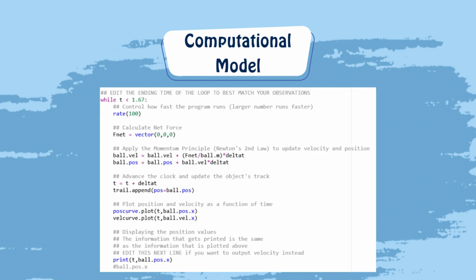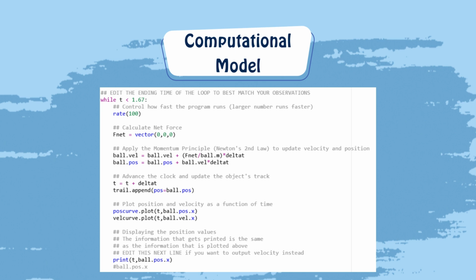Then I used the initial conditions for the rest of my computational model, where I set time is less than 1.67 seconds, since that was how long my video was. F net is equal to 0, since it's constant velocity. And then I plugged the initial velocity into the velocity update formula, which just gives back that the final velocity is 0.271 meters per second.